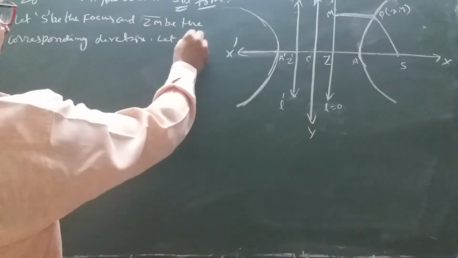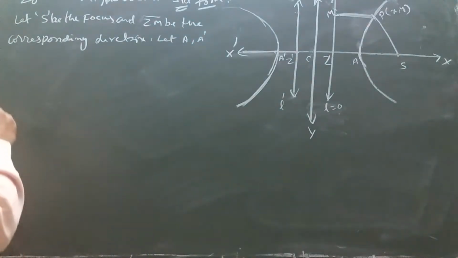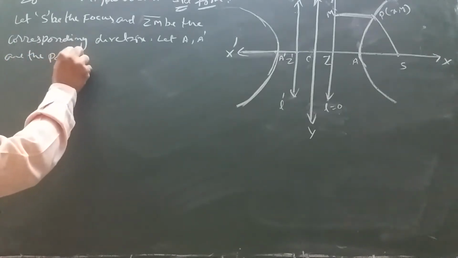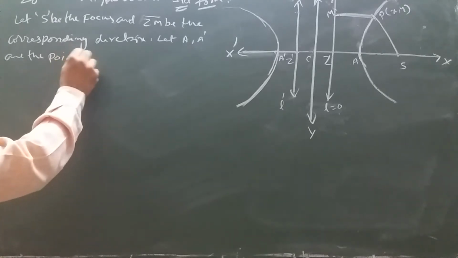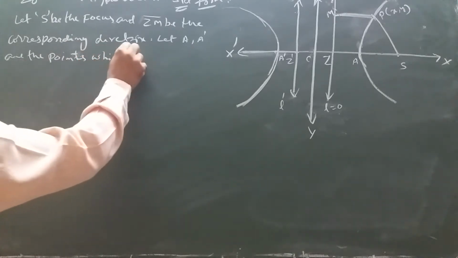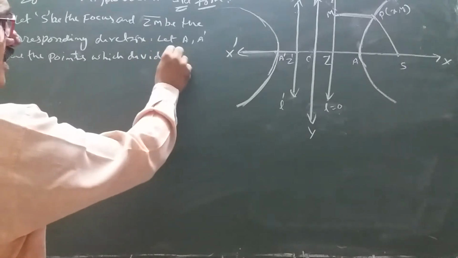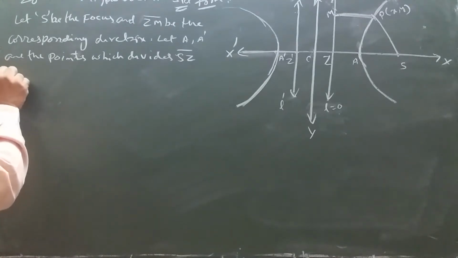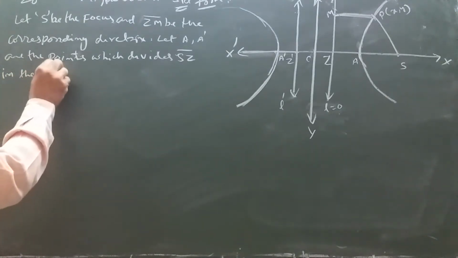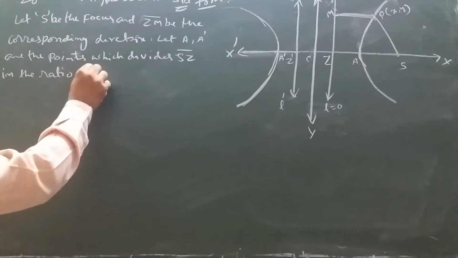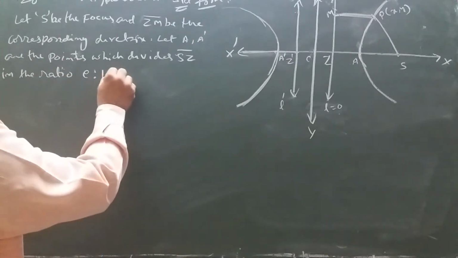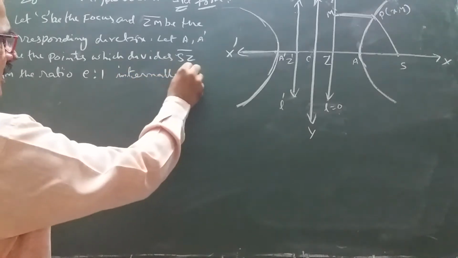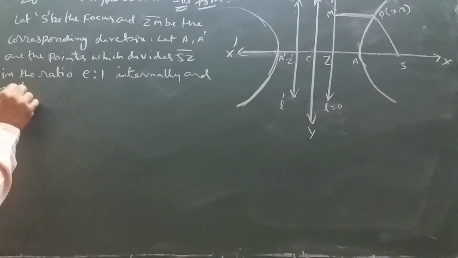Let A, A dash be the points which divide SZ in the ratio e:1 internally and externally.